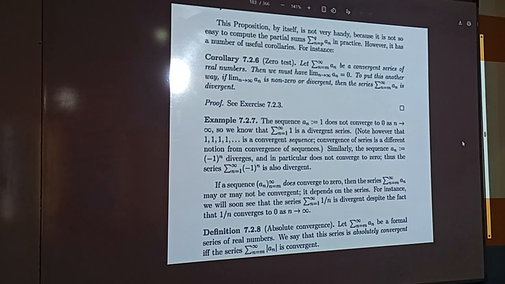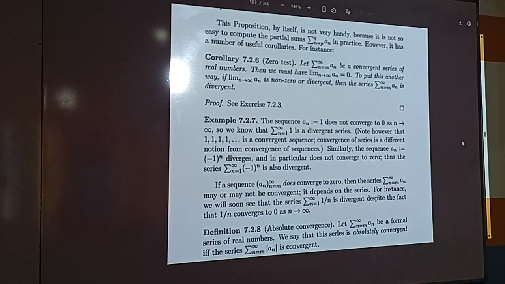Second line, we know that sigma n going 1 to infinity of 1 is a divergent series. What is the sum? Up to infinity. Because you had 1, 1, 1, 1, 1. If you had 2 terms, the answer is 2, 3 terms 3, 4 terms 4, 100 terms 100. So n terms gives n, the limit of n is infinity, the sum is infinity.